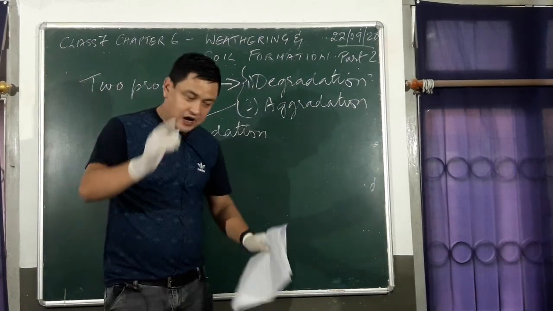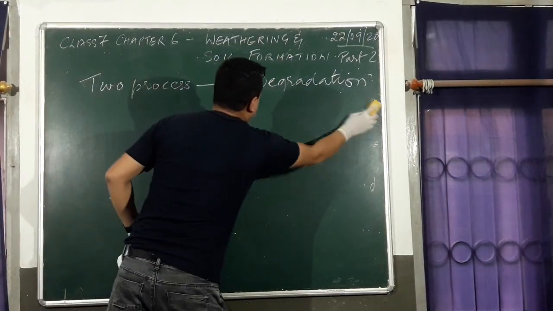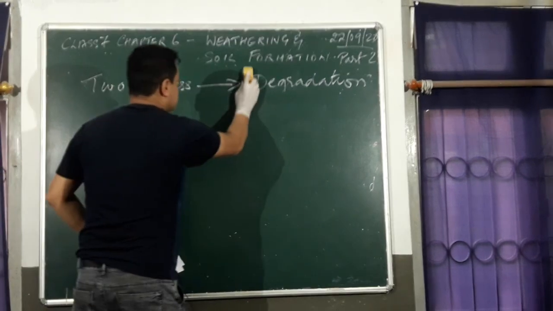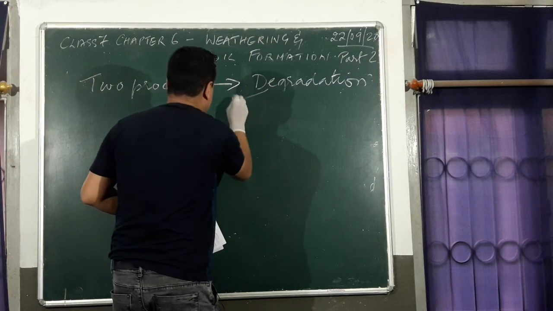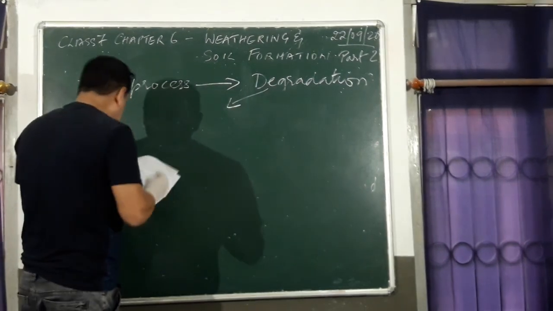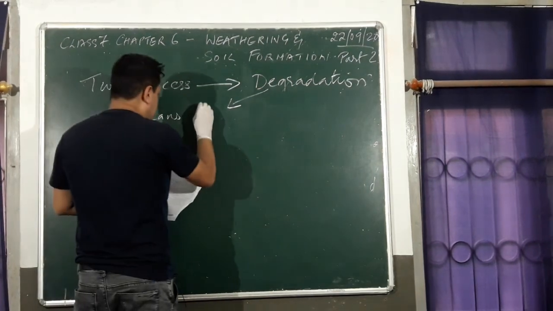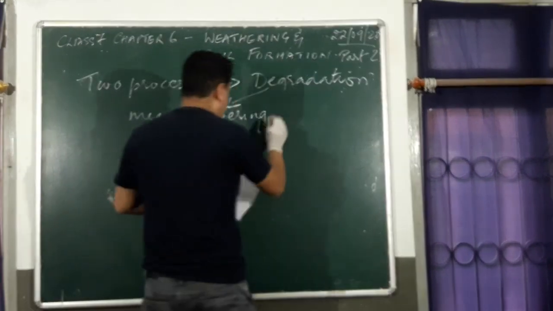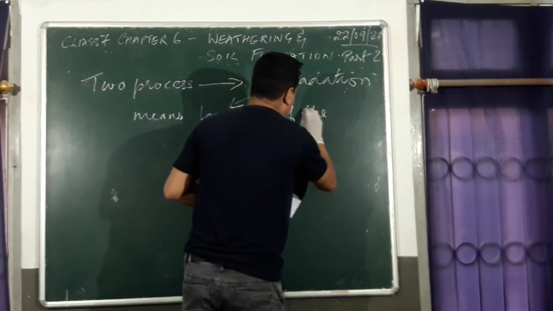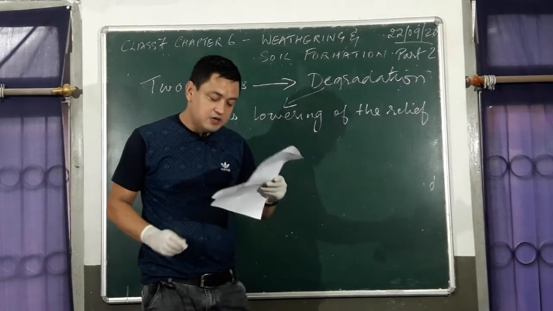Degradation means, now remember that, I am writing about degradation only. I am going to give the definition of degradation. Degradation means lowering of the relief. Whenever I am talking about the relief, I am talking about the height of the surface of the earth.